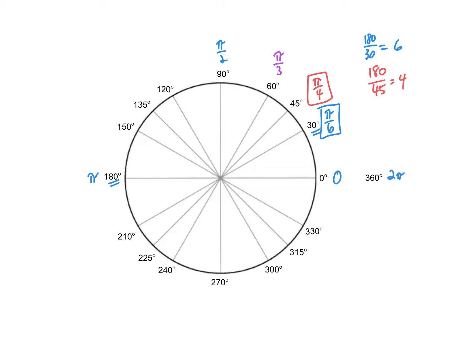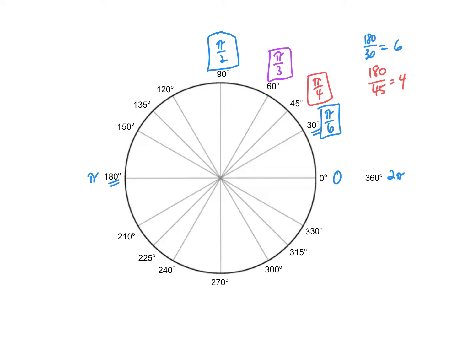If you don't believe me, you can plug 180 divided by 60 into your calculator. And so 60 is pi over 3. So what we have here is our first quadrant set. We know those 3 angle measures in radians now. 30 is pi over 6, 45 is pi over 4, and 60 is pi over 3.